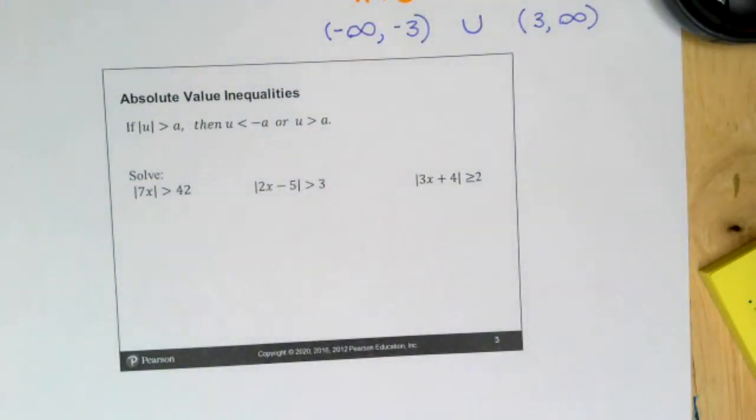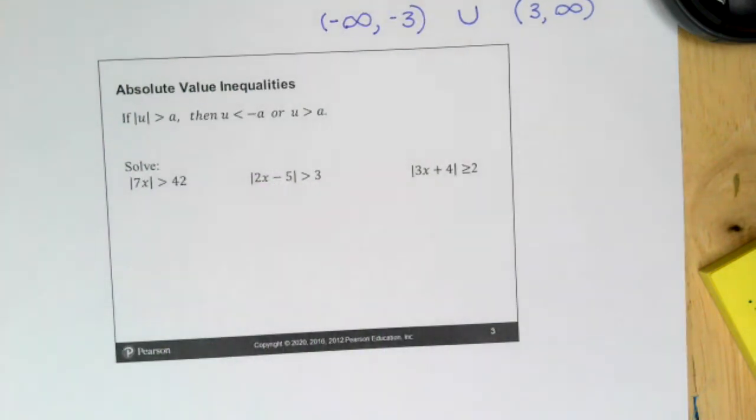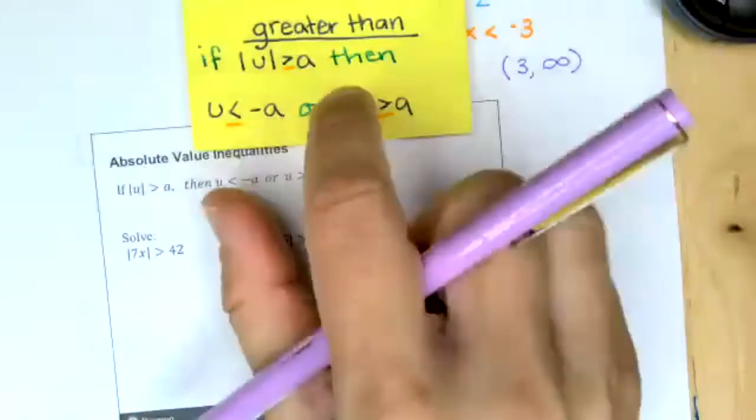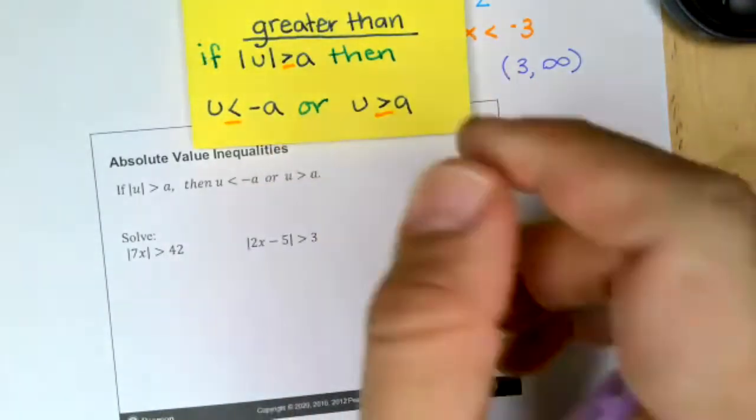So first, isolate. Oh, they're all isolated. Then set them equal to this inequality, okay?